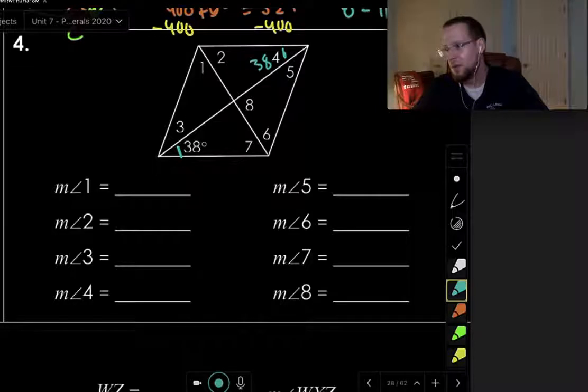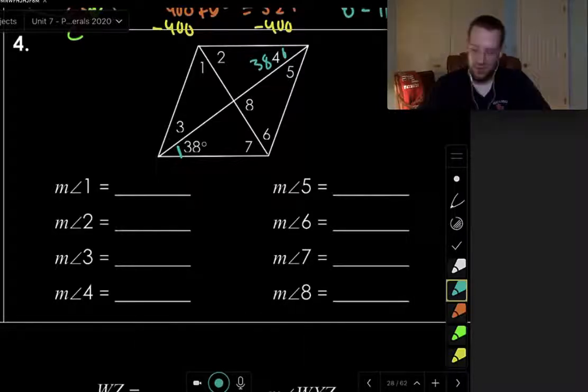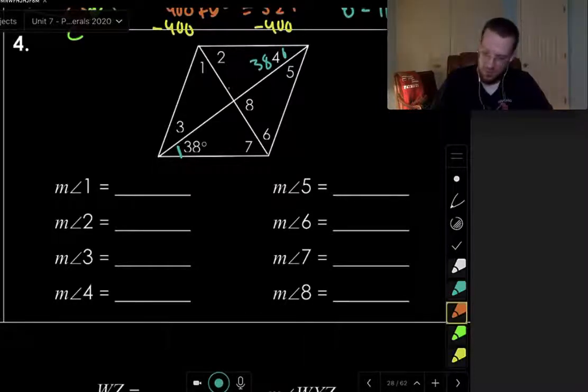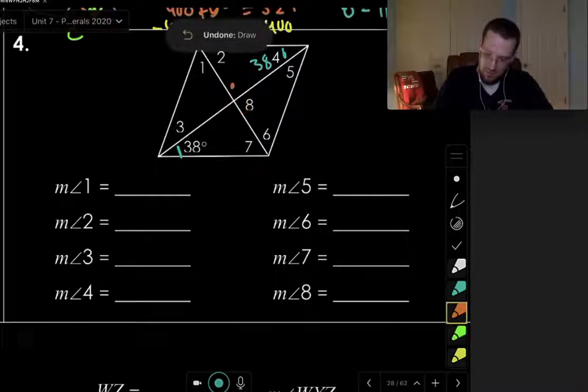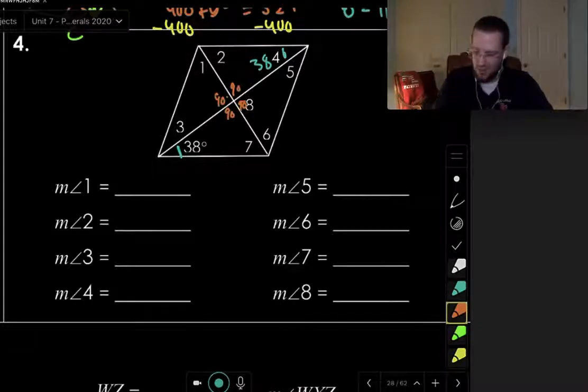What do we know about these? Oh, the diagonals are perpendicular. So that means that all of these are 90. Perpendicular, perpendicular, perpendicular, perpendicular. Everyone in here is 90. Okay, so actually, easy peasy.